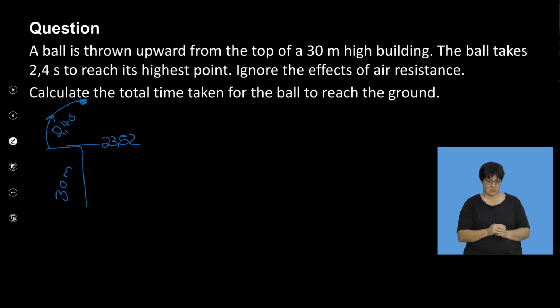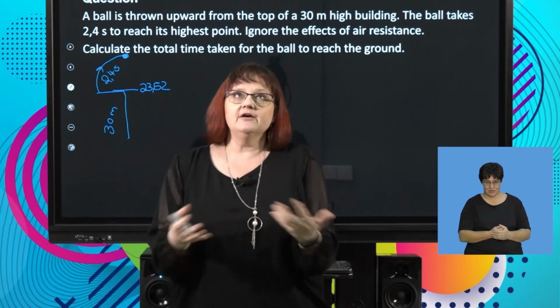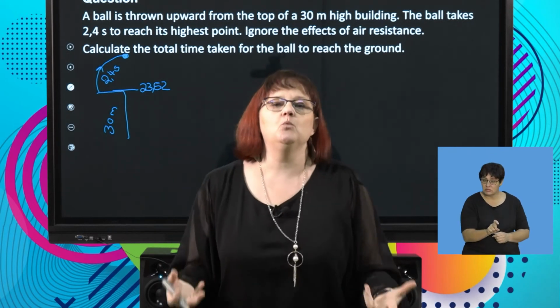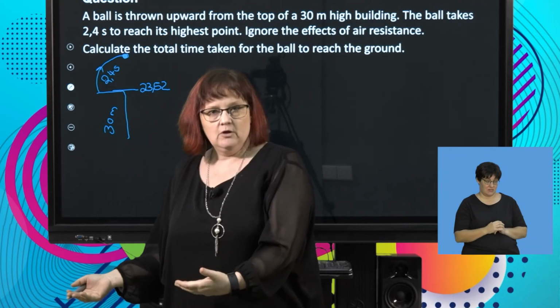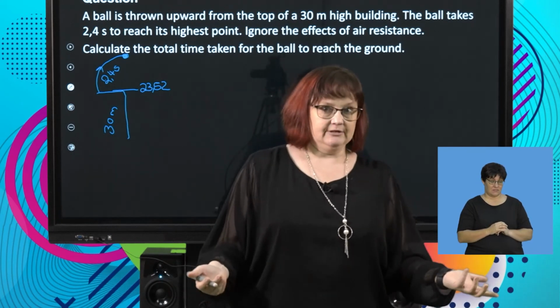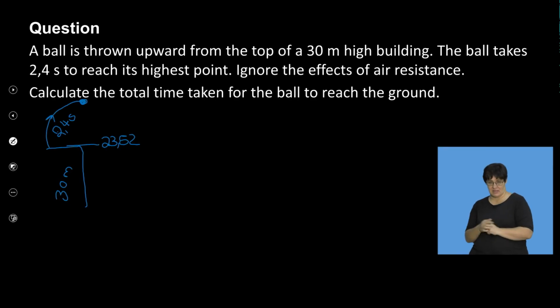This is where vectors become very special because of our sign convention. So we can't change the sign convention. This question would only be worth 3 marks. So I'm going to show you one way to do it, and then I'm going to show you another. We can do this in one step, in one equation. And it's about your convention.